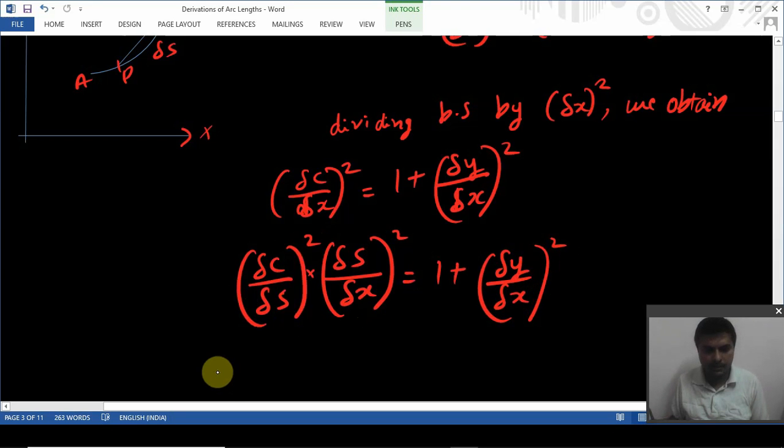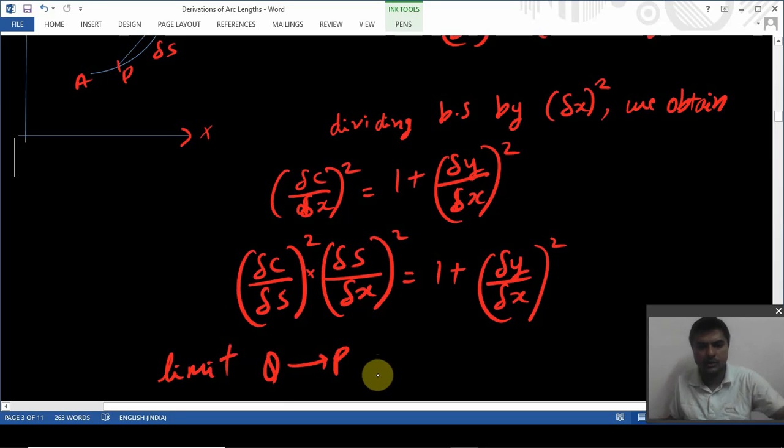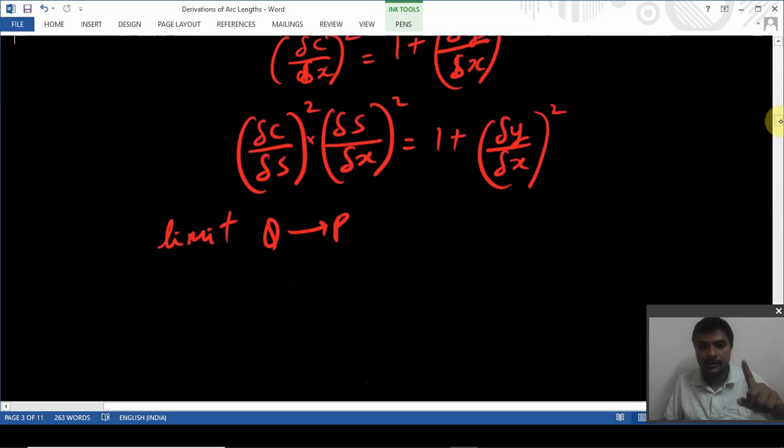Now taking the limit on both sides as q tending to p, you can see that the distance delta x will tend to 0 along the curve C.